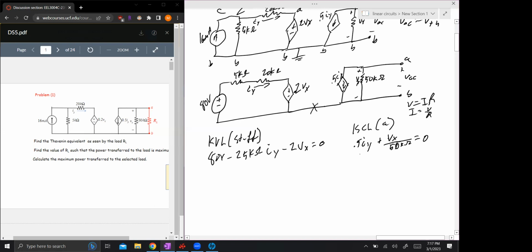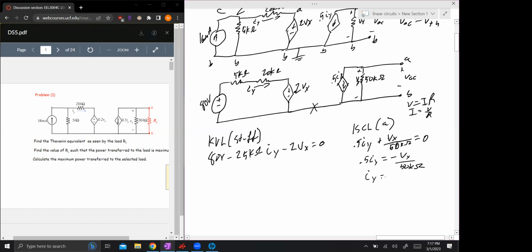I'm thinking, put this in terms of IY, plug it in there, solve for VX, and then you're golden. That's what I'm seeing. We got 0.5 IY equals negative VX over 50 kilo ohms. Boom. And then we're going to have IY.